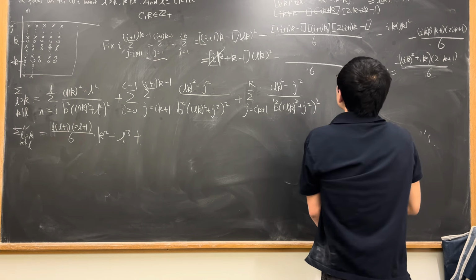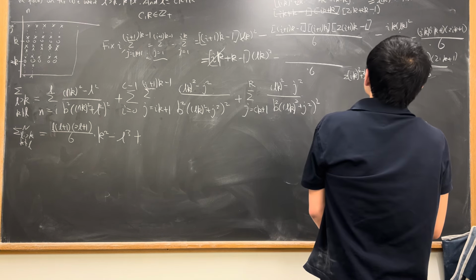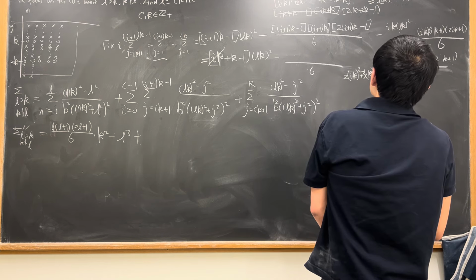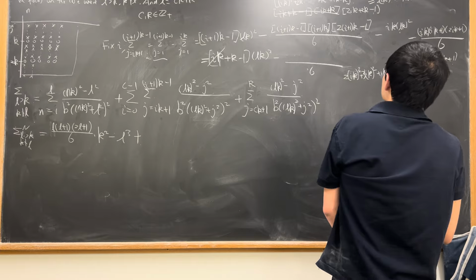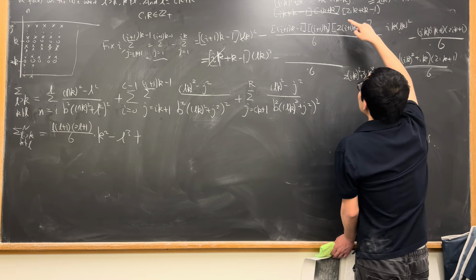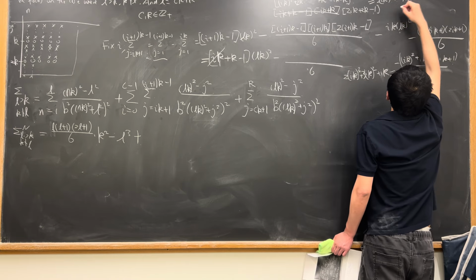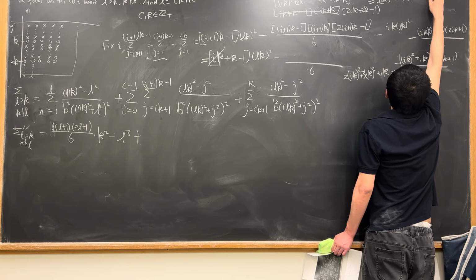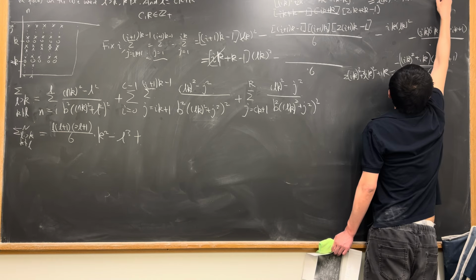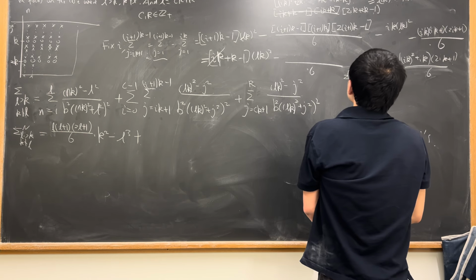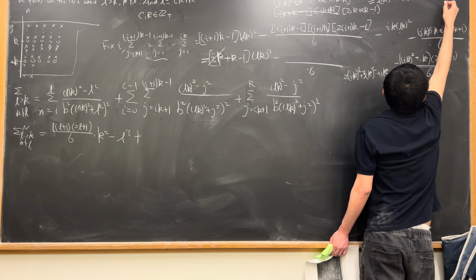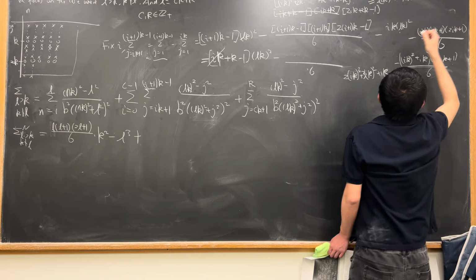And then plus 2ik cubed. Let me write it here. 2ik cubed. Oh, so I think it should be cubed.